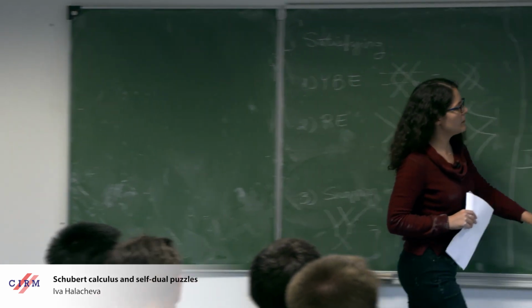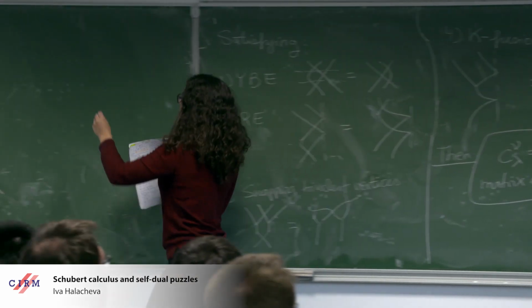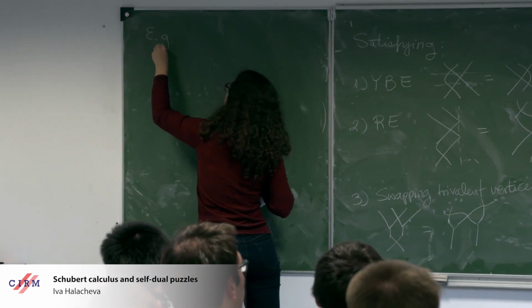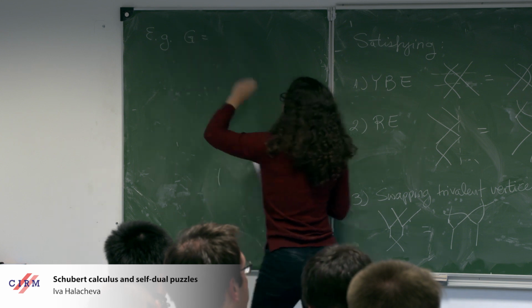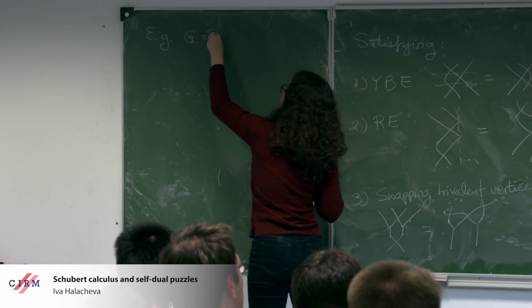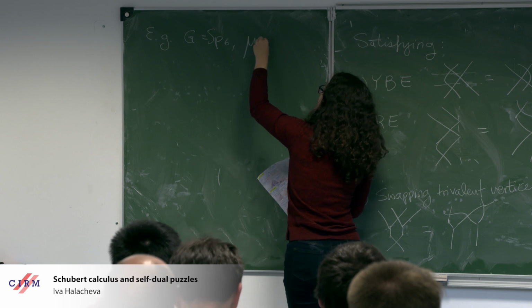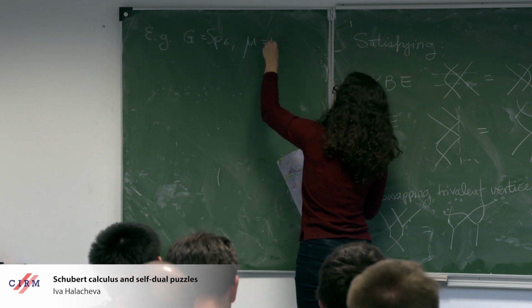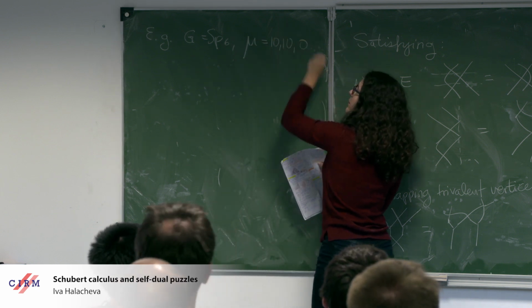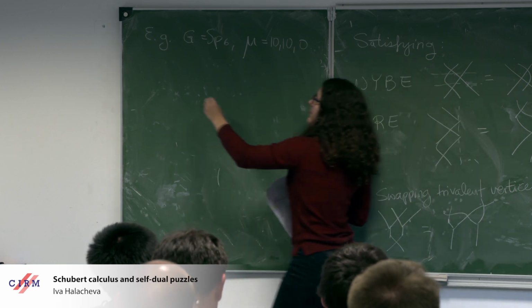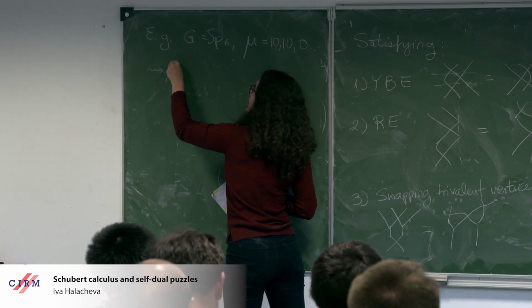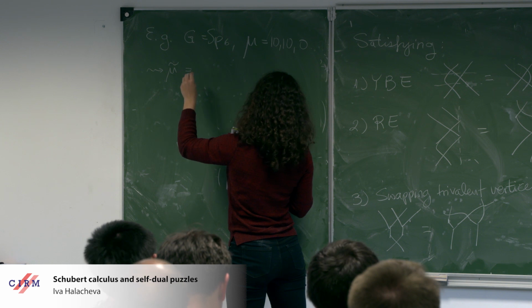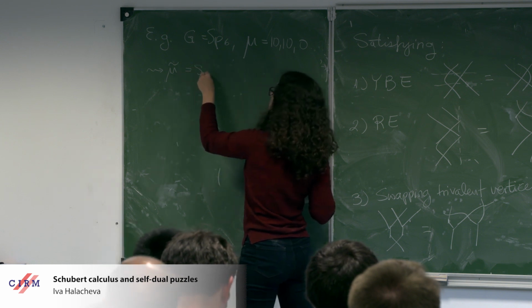So again, we're building a map out of R and K matrices, so let me just do a quick example. Let's say G is equal to Sp6, and mu is the string of the form 1, 0, 1, 0, 0. Then a reduced word looks like s2, s3, s1.